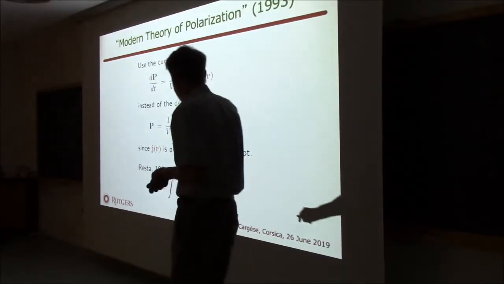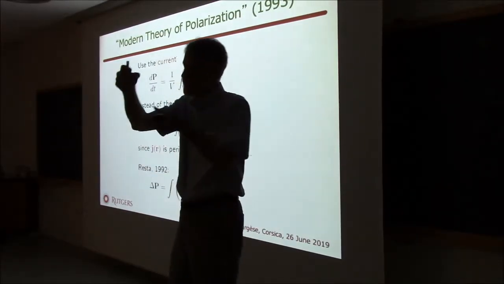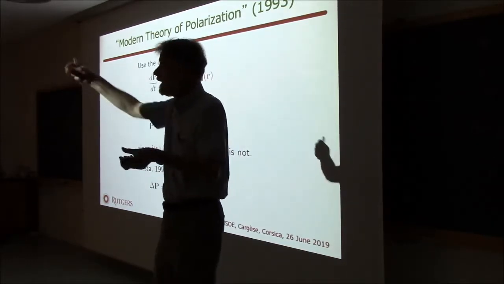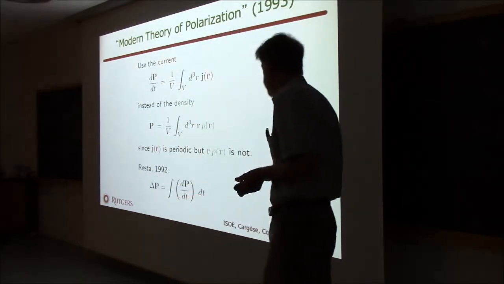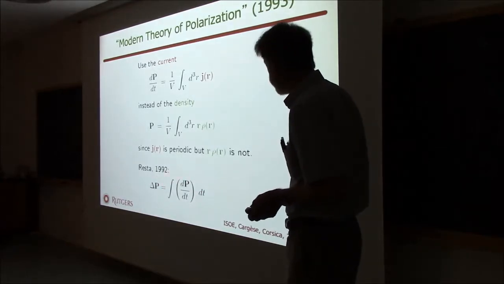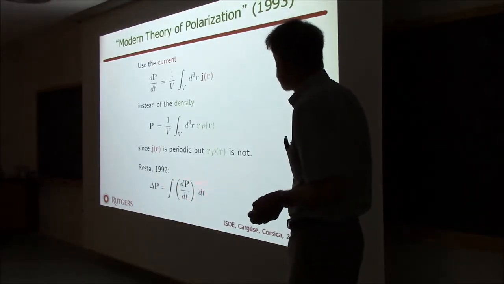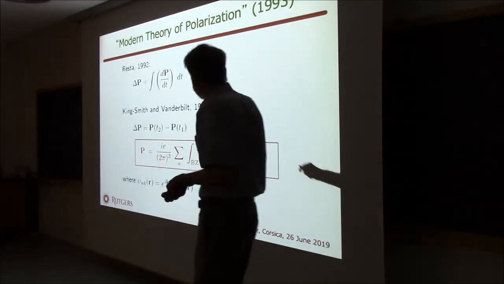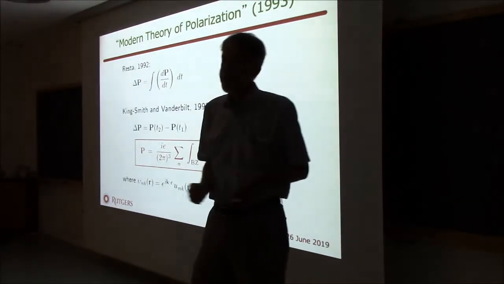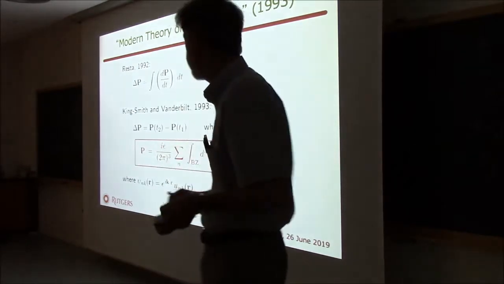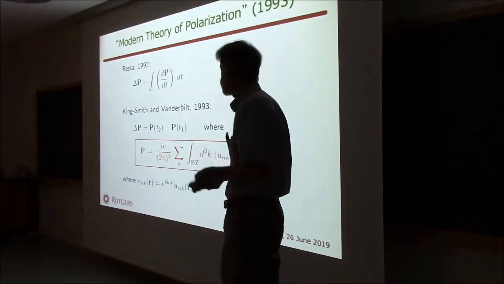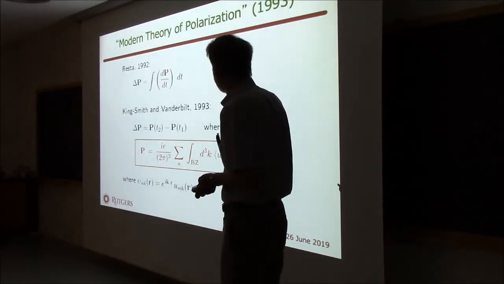And so he said, well, okay, so the change in polarization going from configuration A to configuration B along some slow adiabatic path is given by integrating up the rate of change of the polarization times time. And the rate of change of the polarization is something that we did have formulas for at that time. I'm not going to explain to you exactly what those were. It comes from linear response theory, which is like a Kubo formula approach.